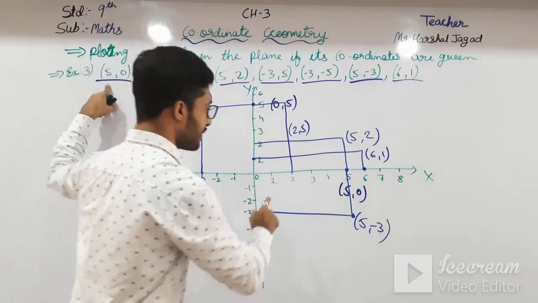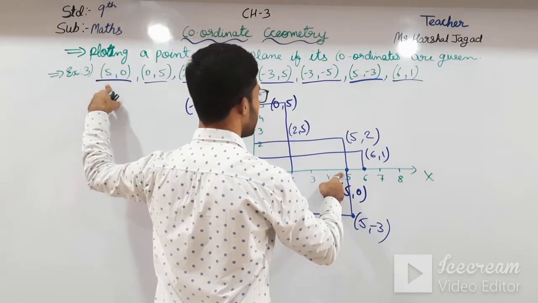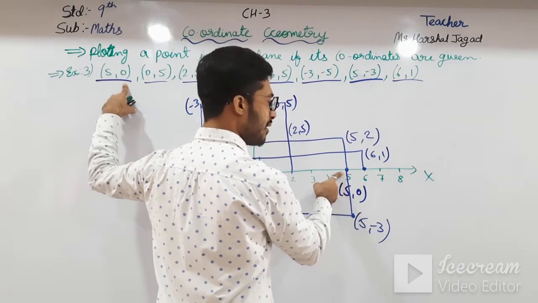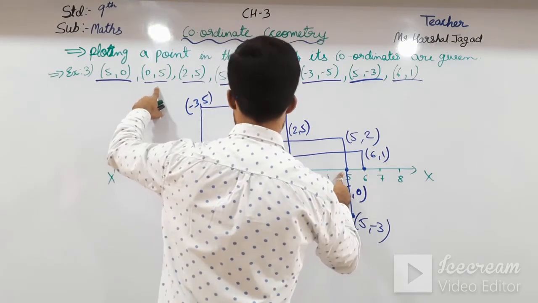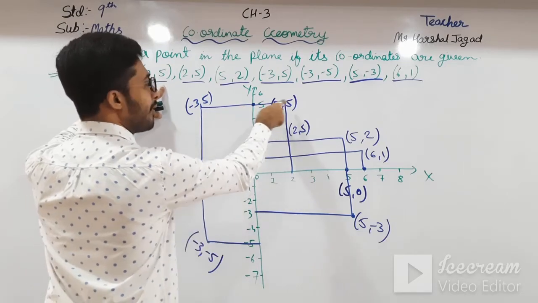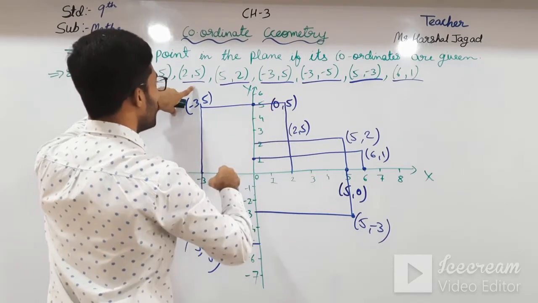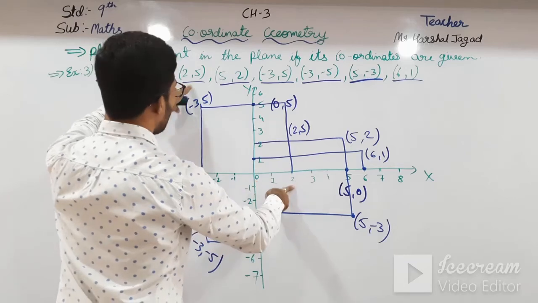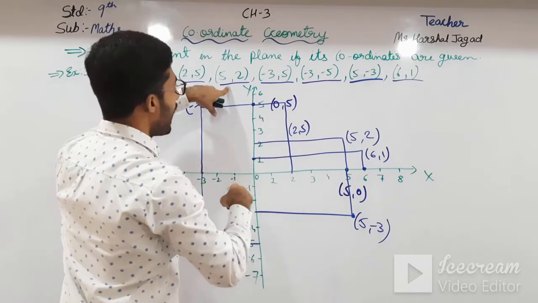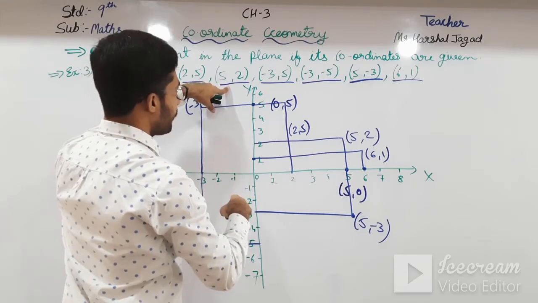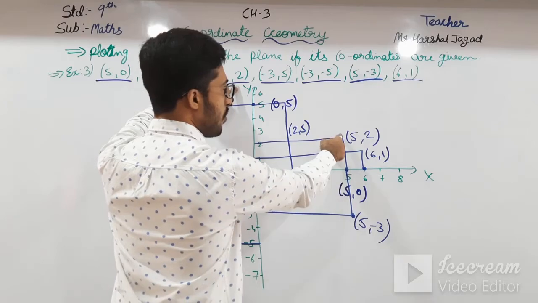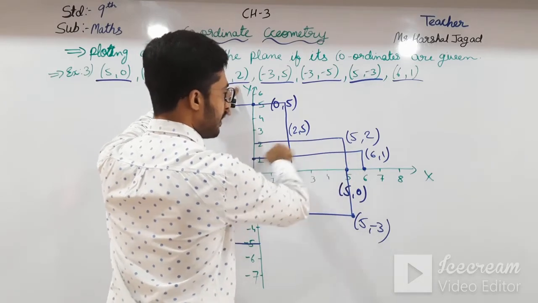On the x-axis it is 5, so here it is 5 and 0 on the y-axis, so it will be over here only. Now 0, 5 means x-axis 0 and y-axis 5, so we draw this point over here. 2, 5, x-axis 2, y-axis 5, so this is that point. And x-axis 5 and y-axis 2, so this point is over here.